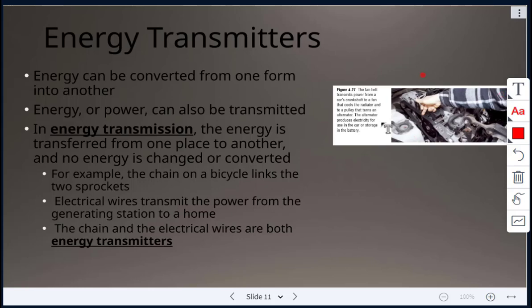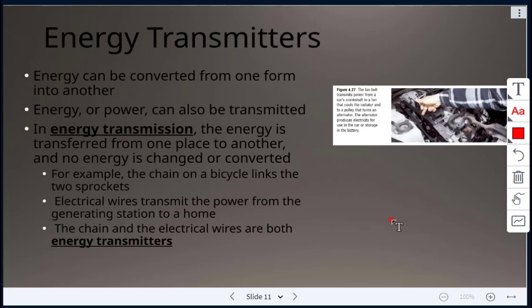So for example, in a vehicle, you have a fan belt. It transmits power from the crankshaft to a fan that will cool the radiator and to a pulley that will turn the alternator. The alternator then produces electricity for use in the car or to store in the battery. That's an example of an energy transmitter.